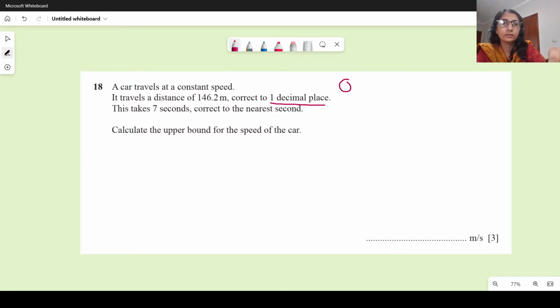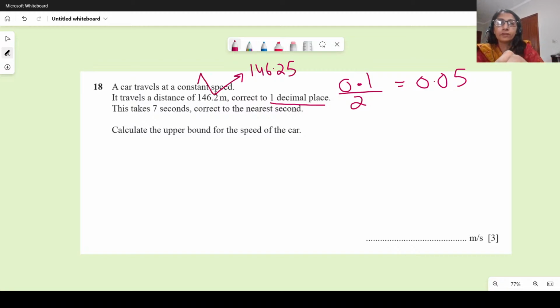One decimal place means 0.1. You divide it by 2. We get 0.05. So the upper bound here is 146.25. We've added 0.05 here. And then I'm subtracting that from the same value, which gives me this. So the lower bound distance is 146.15.